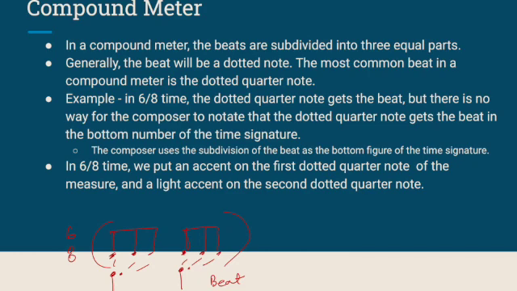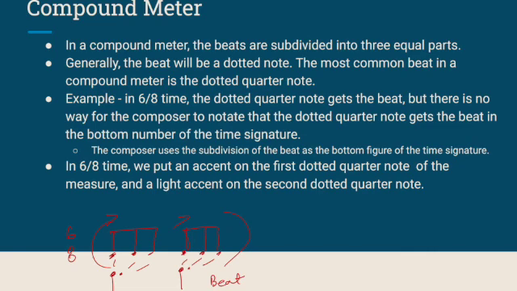So in 6/8 time, we tend to put an accent usually on the first and fourth beats, or effectively the first and second beats, if you're talking about the macro beat of a dotted quarter note. Those are our stronger beats in 6/8 time.